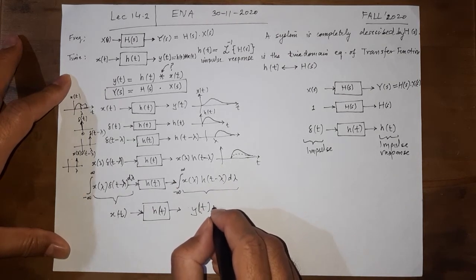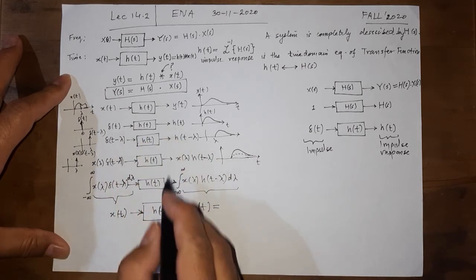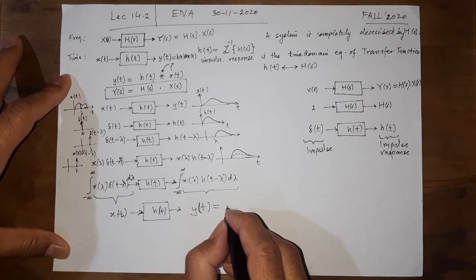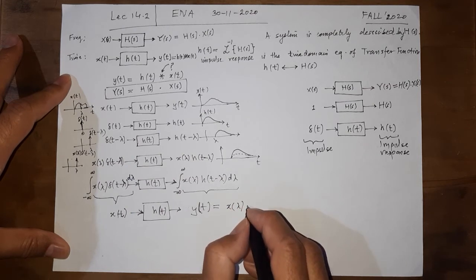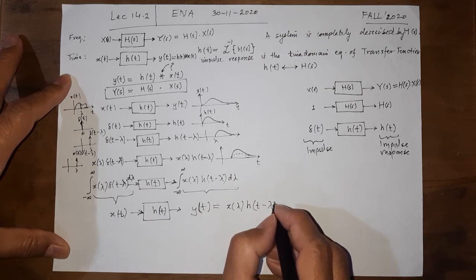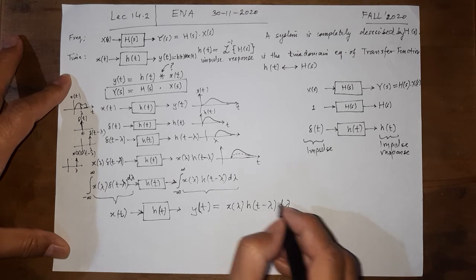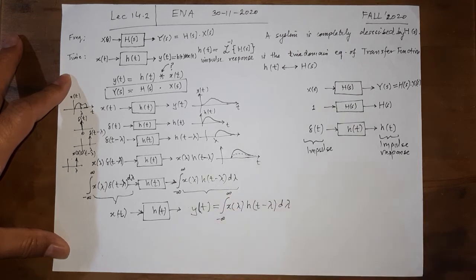Try to know and learn that this y of t, by this argumentation and concept, is equal to the integral of x of lambda times h of t minus lambda, d lambda, integrated for all values of lambda.